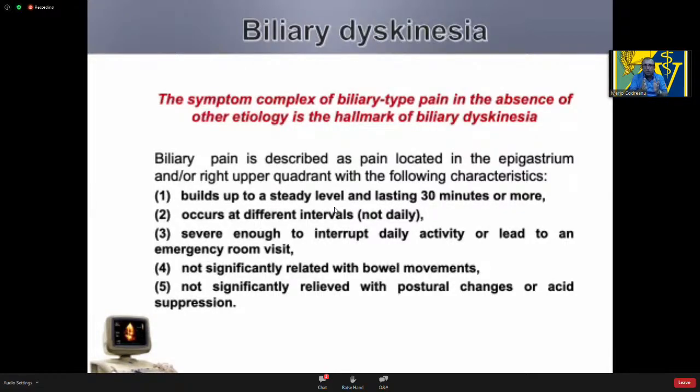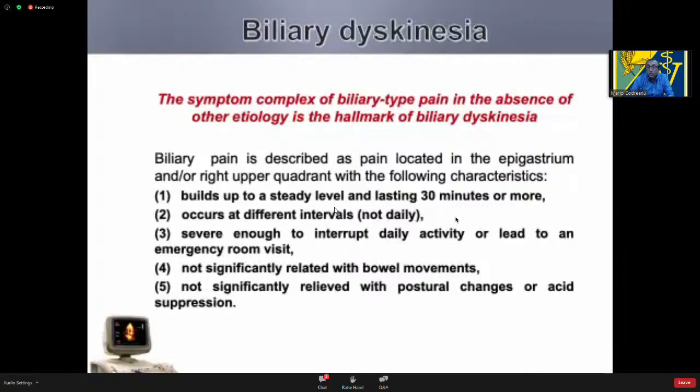Because, and I would like to focus on this idea, biliary pain is well known and is described as pain located in the epigastrium and the upper quadrant, which builds up to a steady level and lasts up to 30 minutes or more.